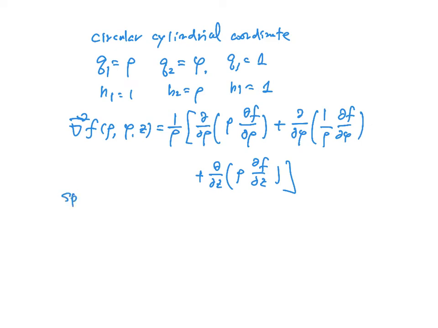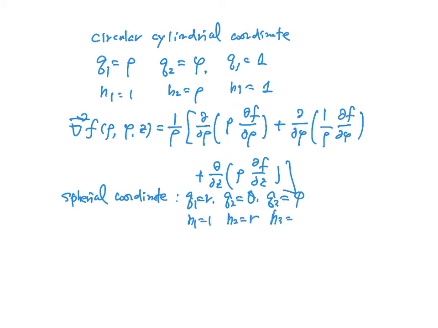Spherical coordinate. Q1 is r, Q2 is theta, Q3 is phi. H1 is 1, H2 is r, H3 is r sine theta.